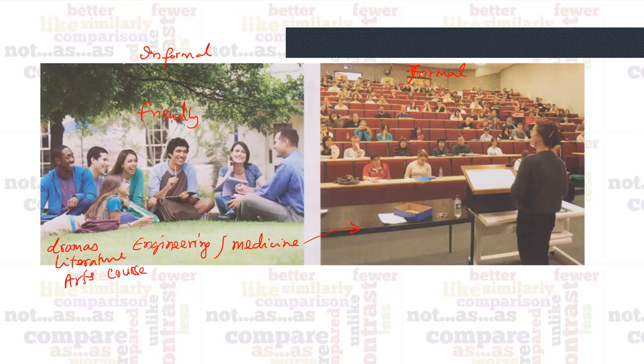But here, the teacher is very, very serious, and so are the students. So for some courses we can have formal education, but for some courses like arts or literature, we can have informal. So this is a comparison we make here. They are good in their own field.